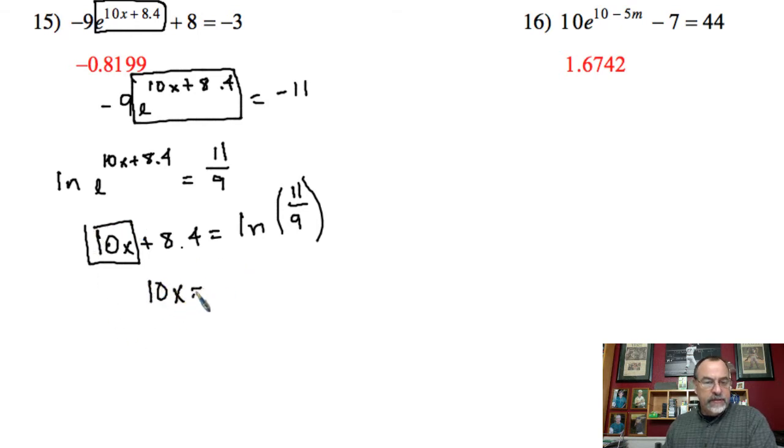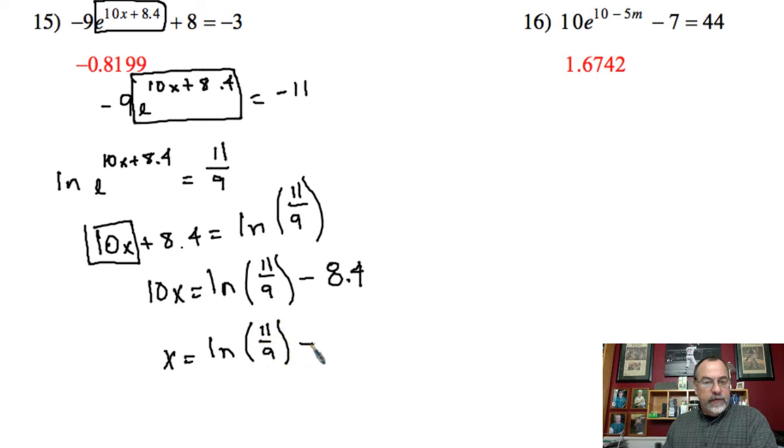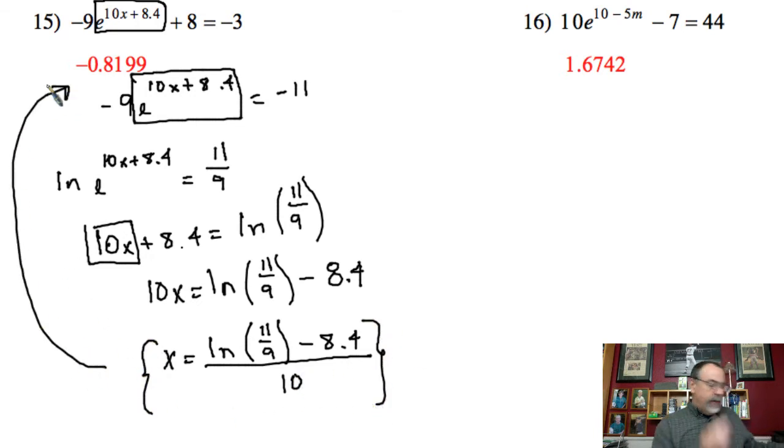So we're going to have 10x is equal to the natural log of 11 over 9, minus 8.4, and then we're going to divide by 10. So x is the natural log of 11 ninths minus 8.4, and all of that's going to be divided by 10. This is my exact answer, and this should be the decimal approximation.